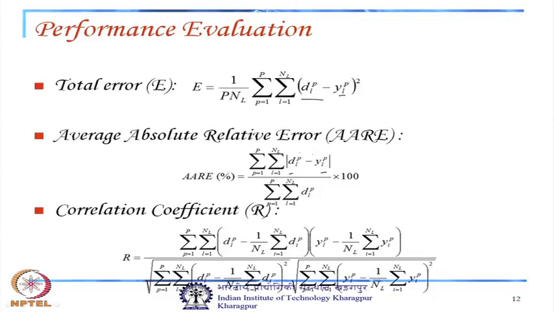So, this is basically the number of layers, and we can also find the correlation coefficient to check the accuracy of the ANN models.